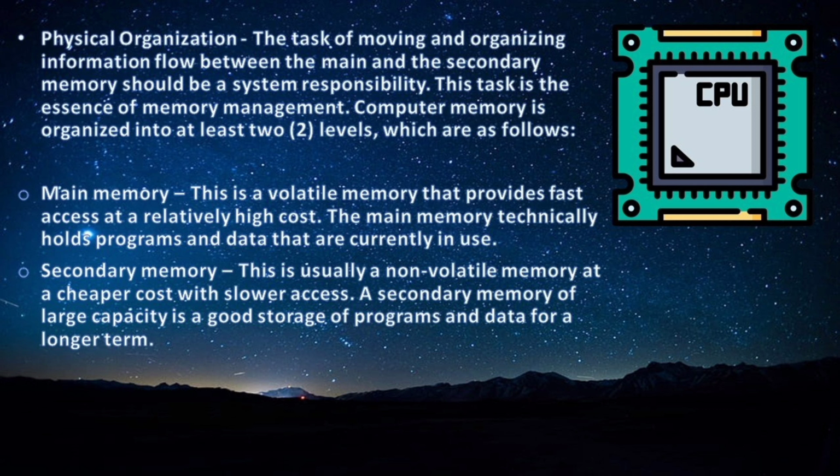The main memory technically holds programs and data that are currently in use. Second level, secondary memory. This is usually a non-volatile memory at a cheaper cost with slower access. Secondary memory of large capacity is a good storage of programs and data for a longer term.